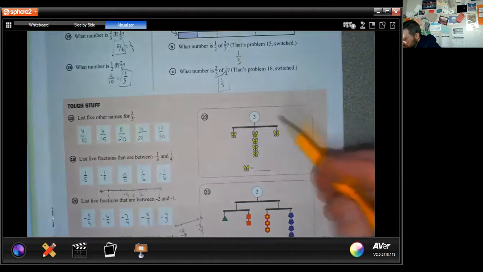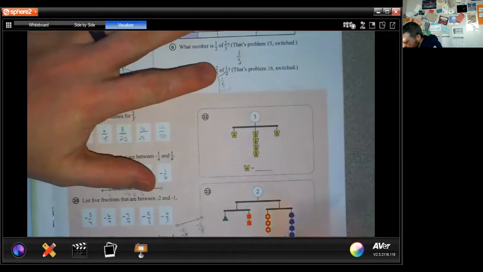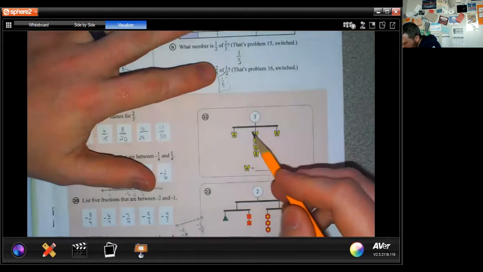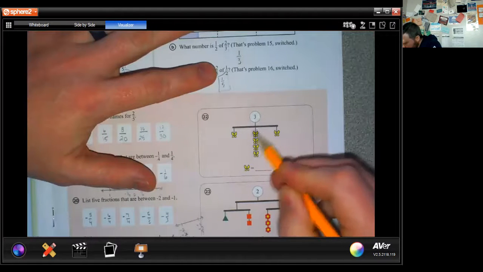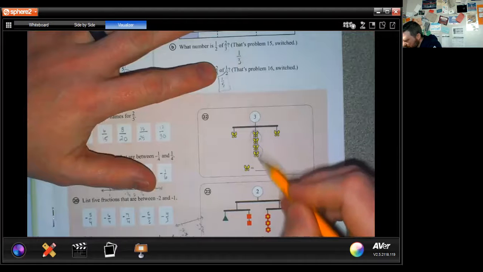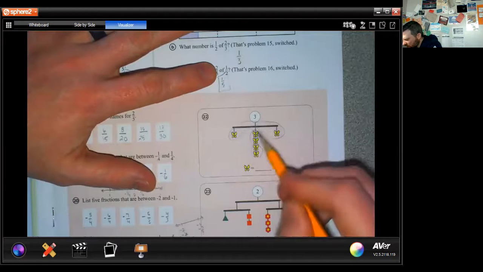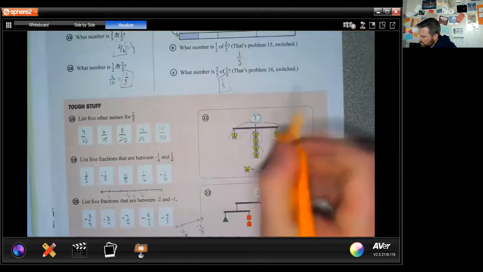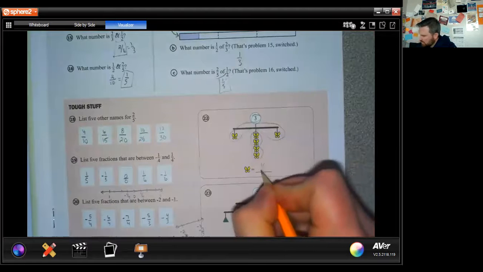If we take these 6 butterflies and group them up into 3 different groups, all 3 of those groups have to equal 1. Why? Because I have a total of 3. So if this group right here equals 1, the butterfly has to be worth a half.